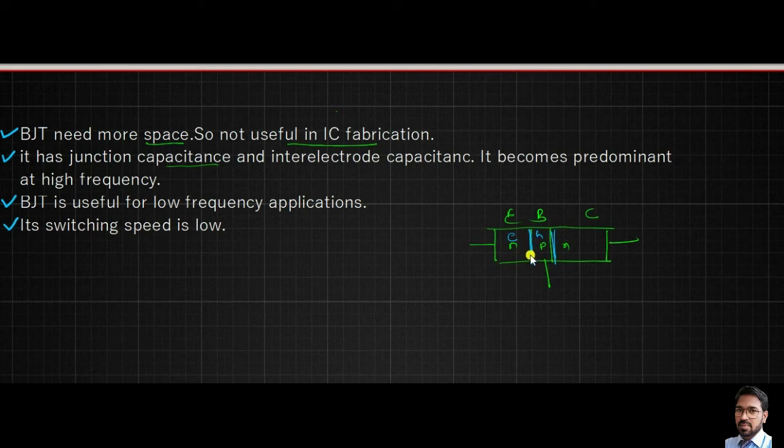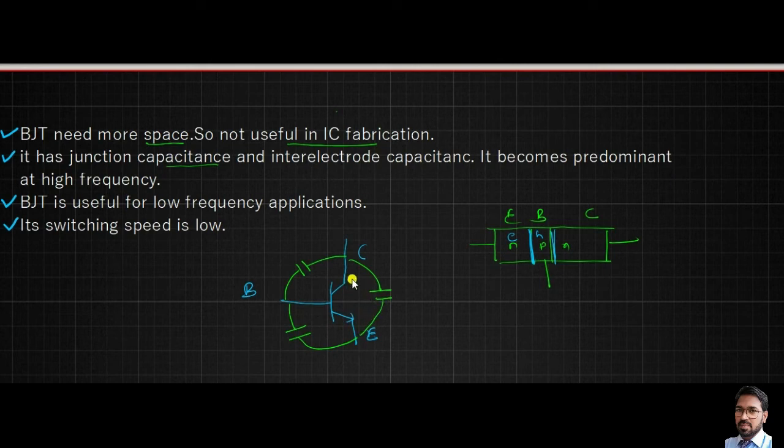Because of these junctions there is a formation of capacitance, and one more capacitance is present, called interelectrode capacitance. In the BJT symbol, with collector, emitter and base, between the base and collector there is a capacitance formed in the terminals, the external leads.